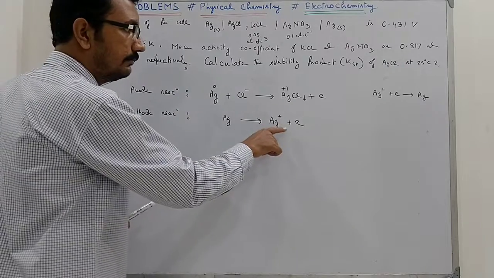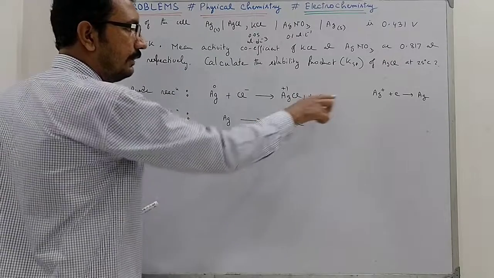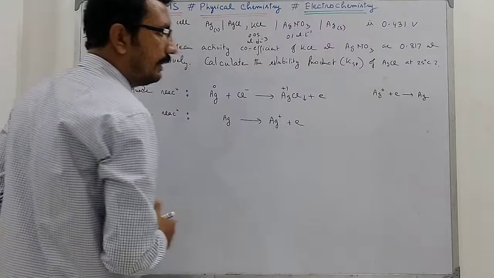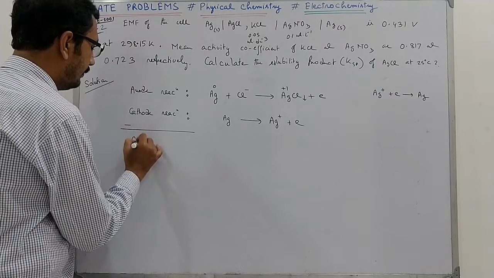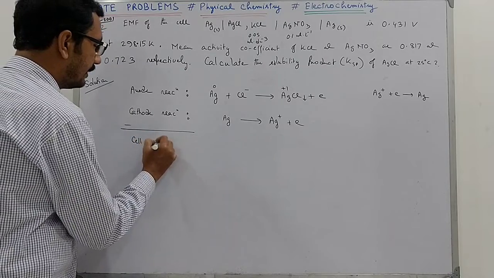But this is not occurring. Actually what is occurring is Ag plus plus electron arrow Ag. So we will subtract the cathode reaction from the anode reaction.